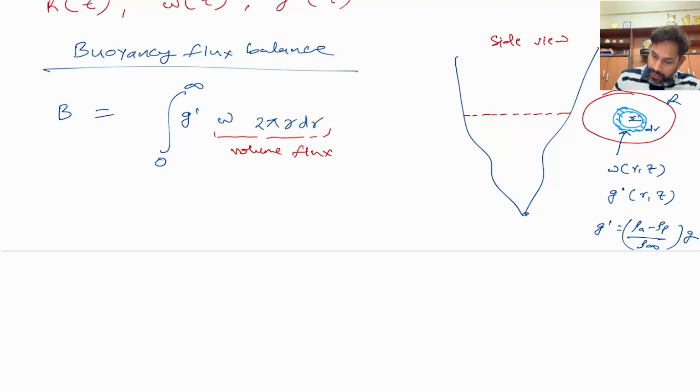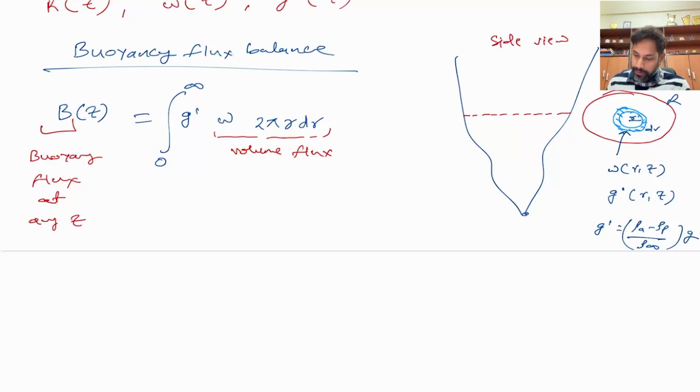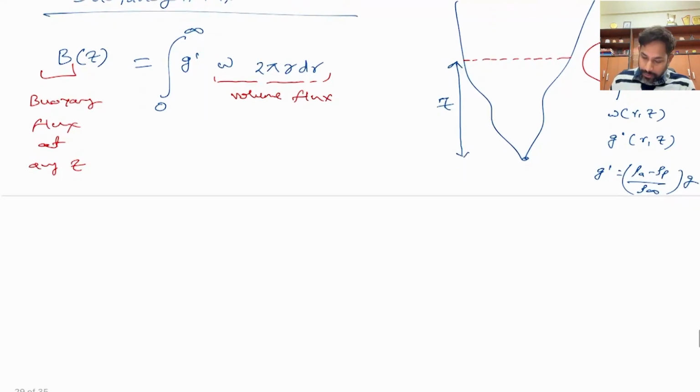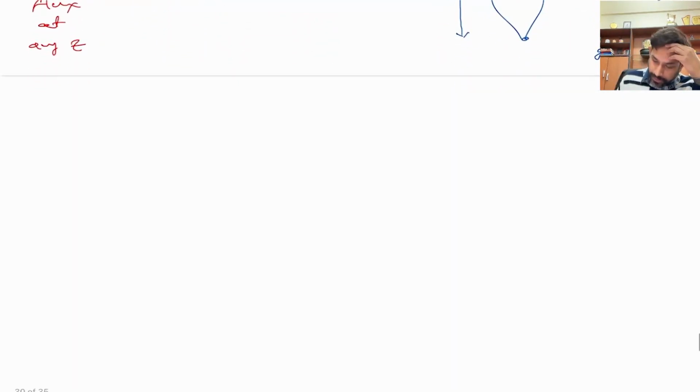This is the buoyancy flux at any z, and that's why we can write this as a function of z.